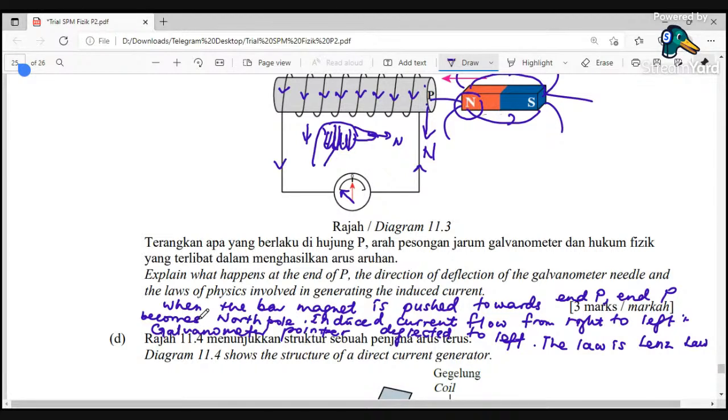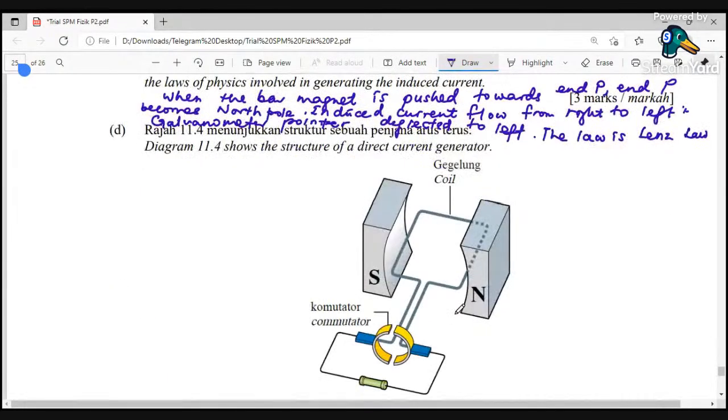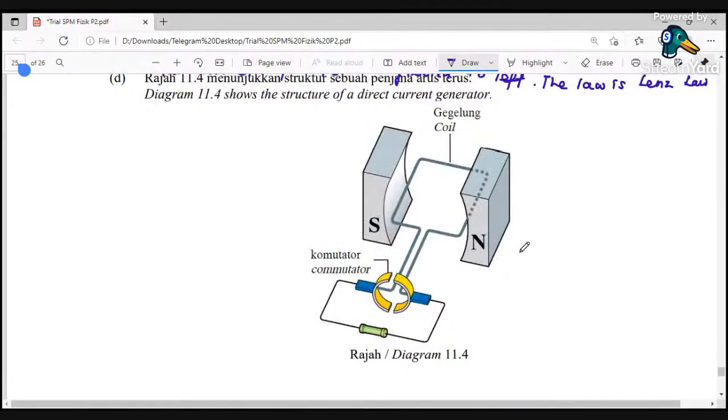But the structure of the DC generator, you can see there's a split ring here, the commutator, and this is the external resistor, coil, and then magnet.